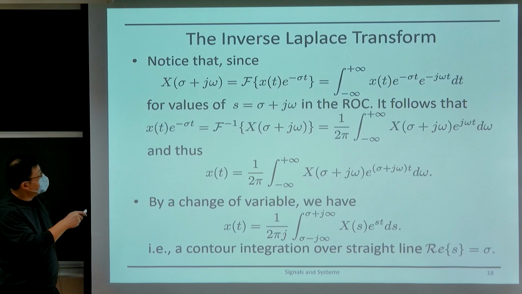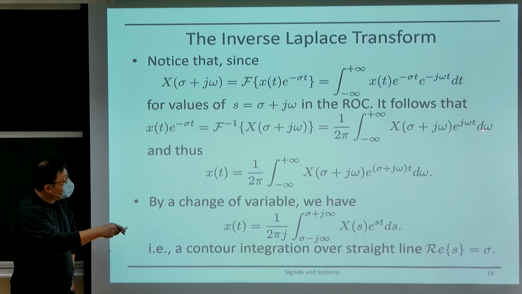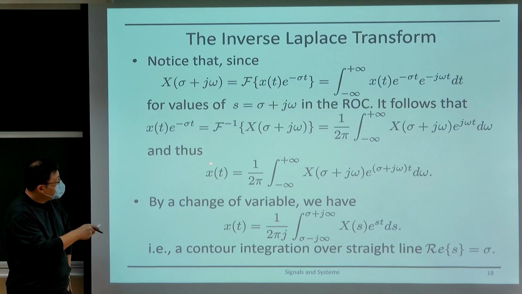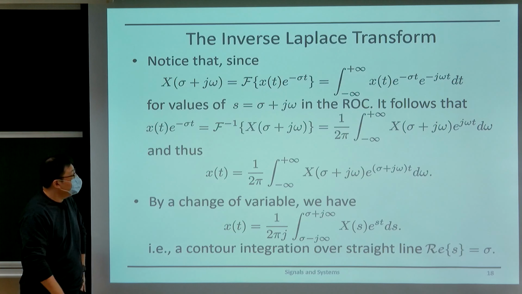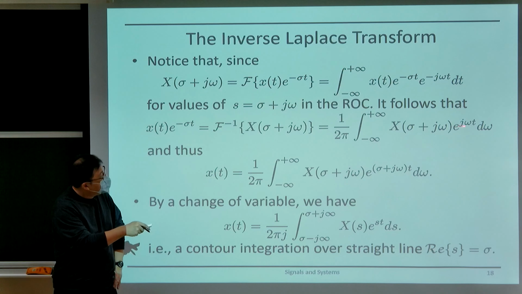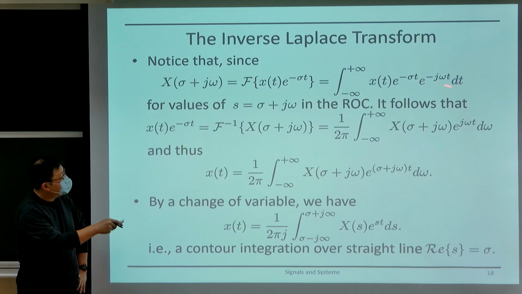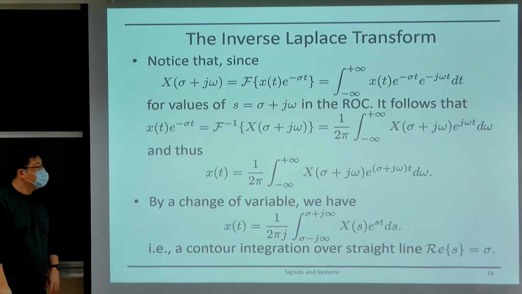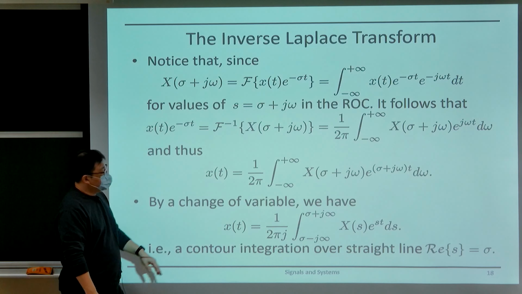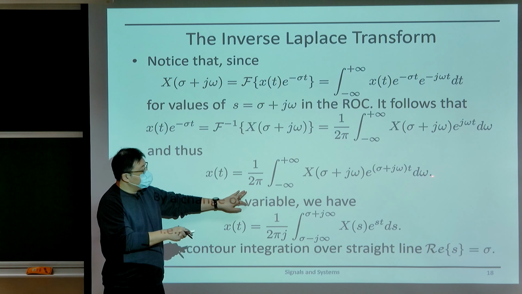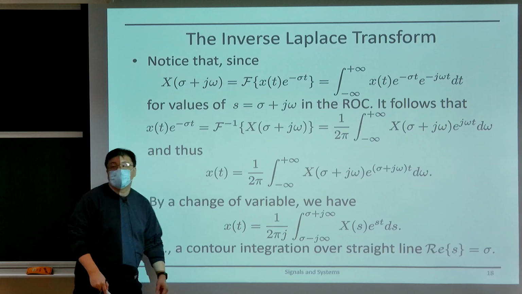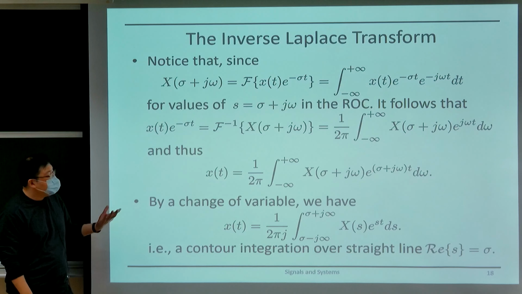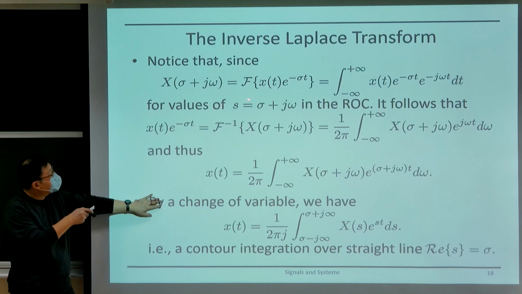If you multiply this to the other side, you get x of t here, and then you get e to the sigma plus j omega t. I'm multiplying this to the other side, so I get a sigma here. But here, this integral is in terms of omega, so I just need to perform a change of variable to convert it back to s.